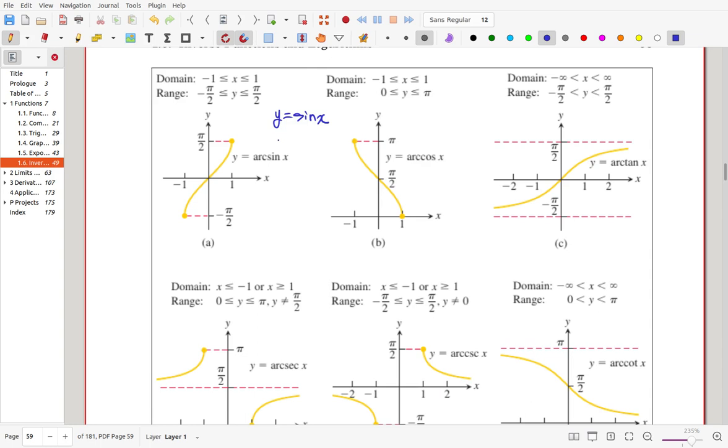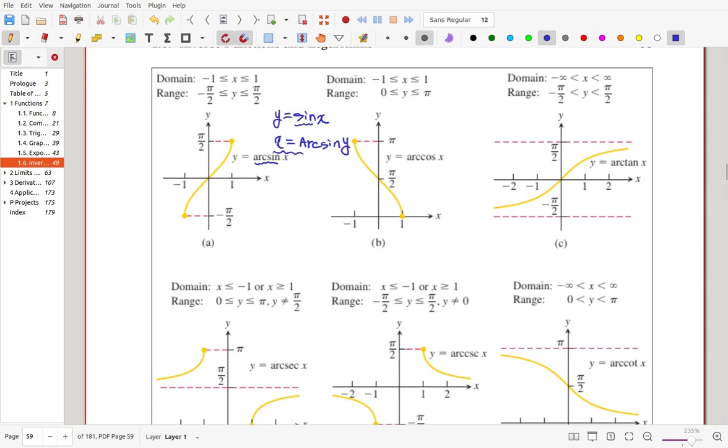This is not a function involving addition, subtraction, multiplication, or division, so we introduce a notation for solving for x, and we introduce the name arcsine: arcsine y.